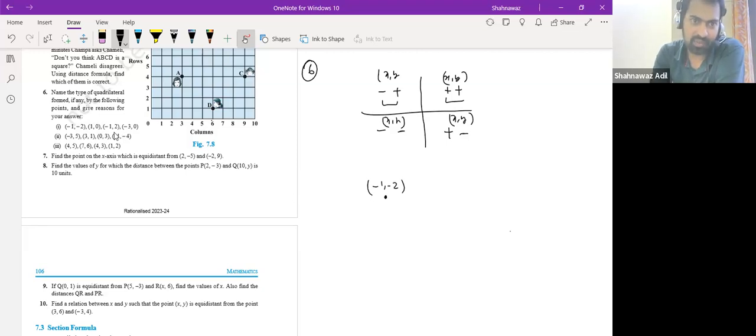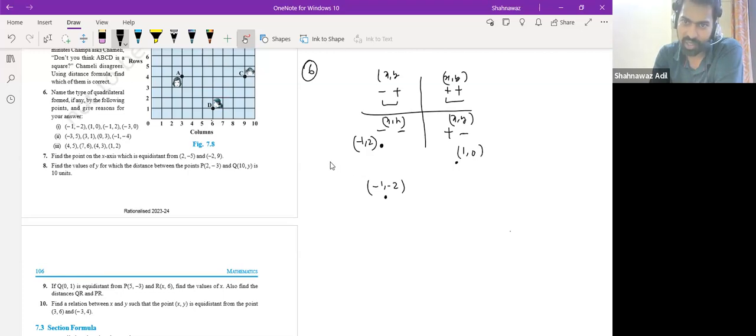And then we have (-1, 2), which would lie in this quadrant. Then (1, 0): 1 on the x-axis is here, positive, so let's mark it here.